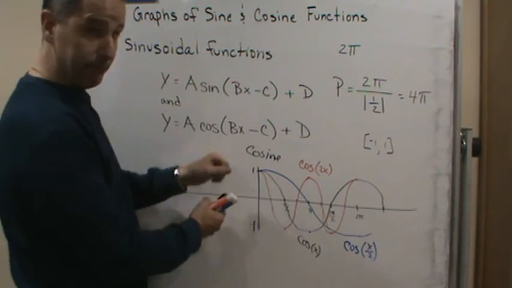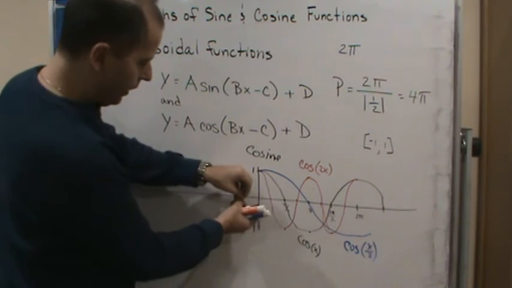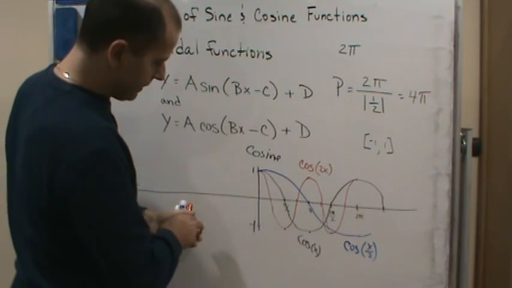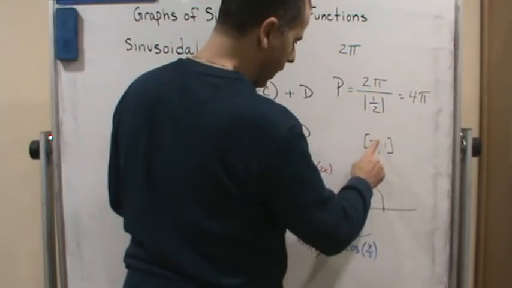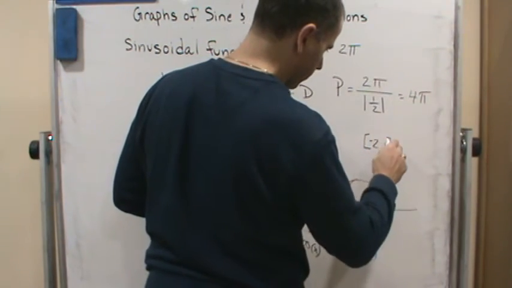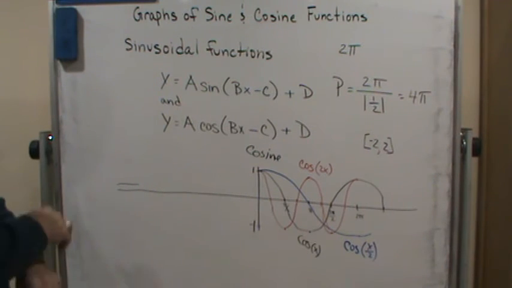Okay? But what if B is 1, C and D are 0, and let's say A is bigger than 1? Well, then that's a vertical stretch. So what happens is if A is 2, then guess what? The amplitude is now 2. Which means instead of the range being from 1 to -1, it is now -2 to 2. Okay?